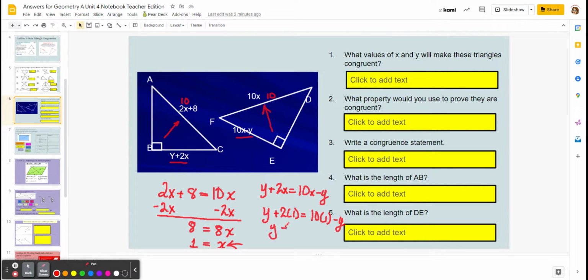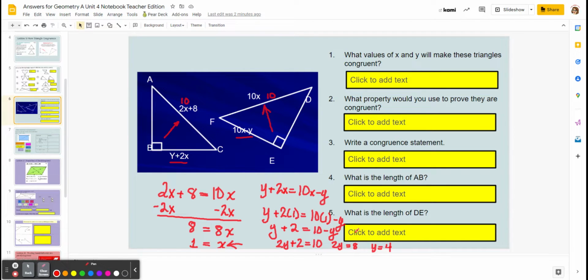And I have y plus 2 equals 10 minus y. If I add y to both sides, I get 2y plus 2 equals 10. If I subtract 2 from both sides, 2y equals 8, and y should equal 4.